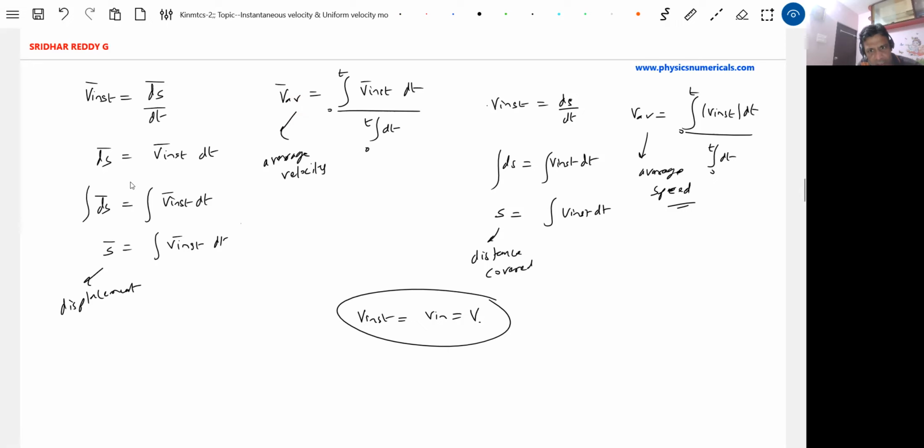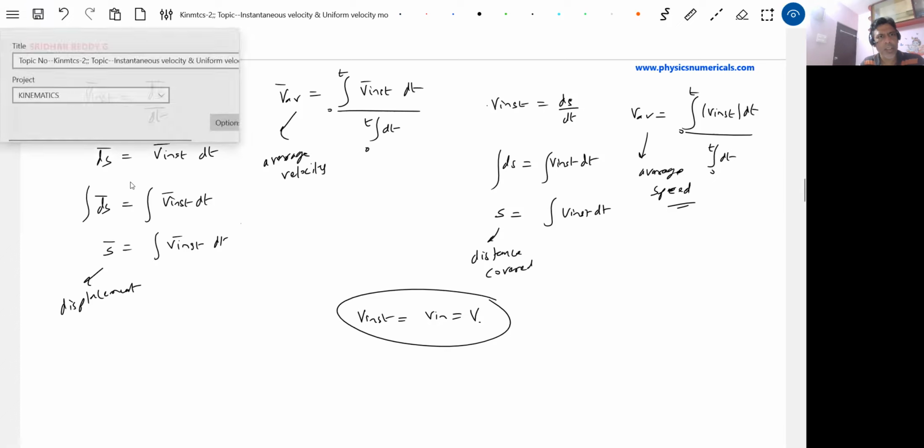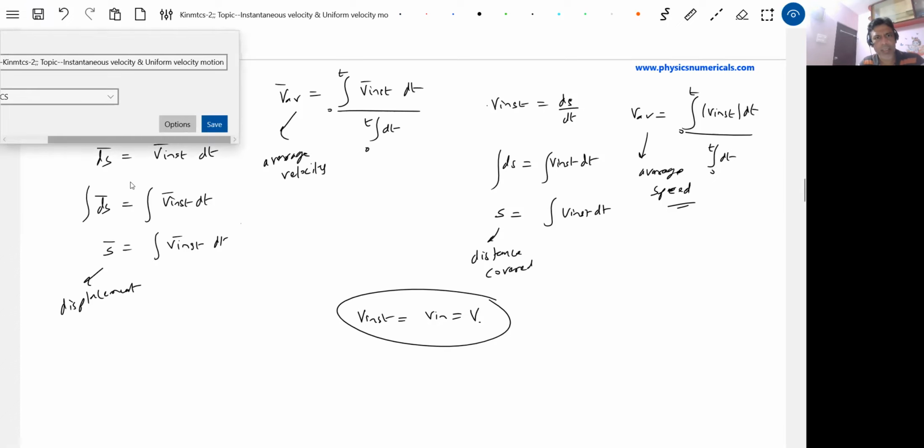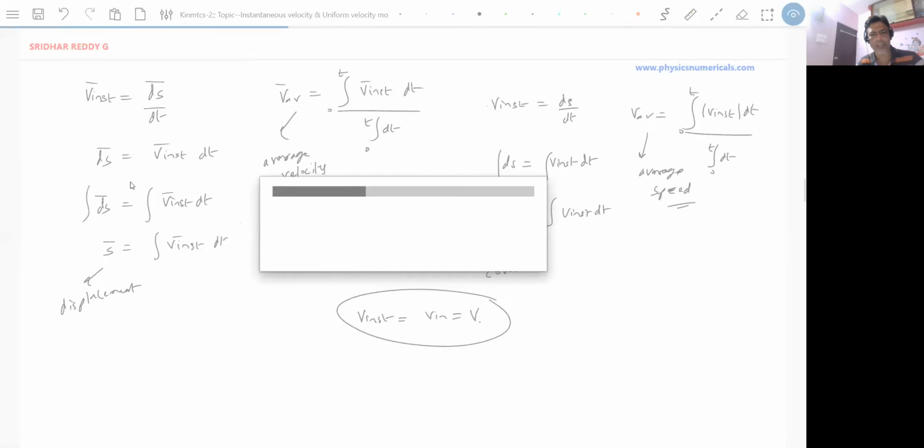Gradually we write only V, so it is understood to be instantaneous velocity or instant speed. Some books write V in, some indicate INST. Rate of change of displacement gives instant velocity, and rate of change of position gives the distance. So if you know one quantity, we can predict the remaining quantities also.